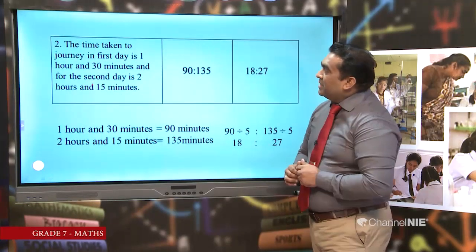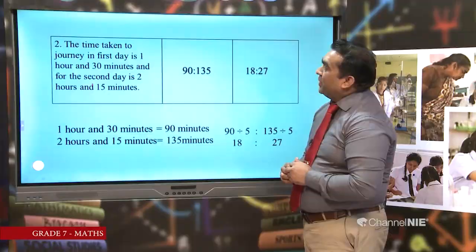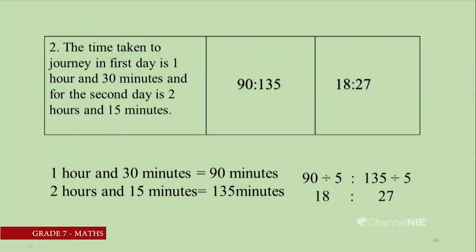The time taken for the journey on the first day is 1 hour and 30 minutes, and for the second day is 2 hours and 15 minutes. Then you have to convert hours into minutes. As a result, 1 hour and 30 minutes means 90 minutes, and the second day 2 hours, 120 plus 15, 135.